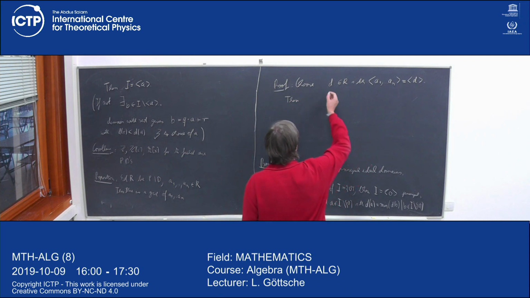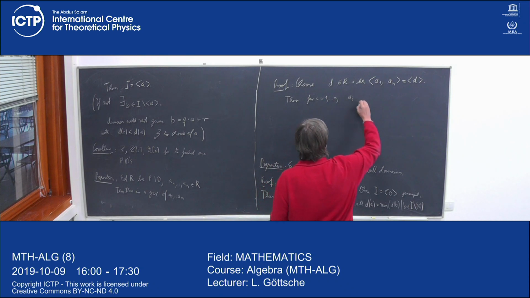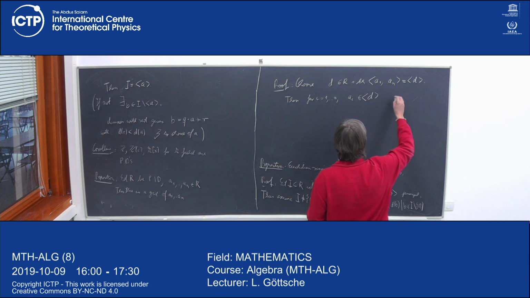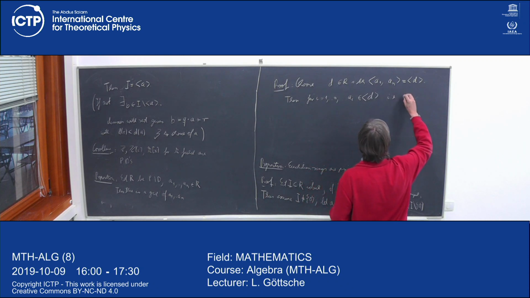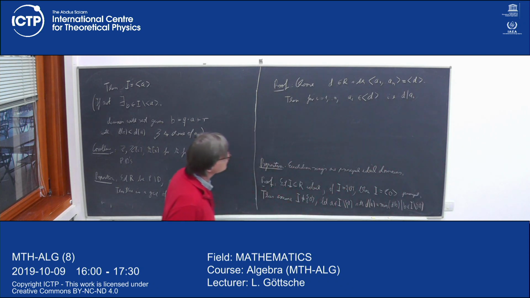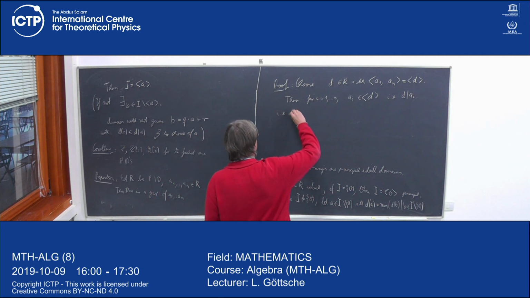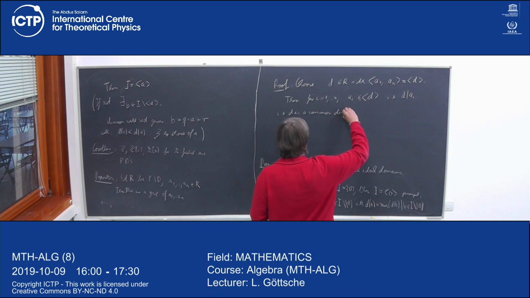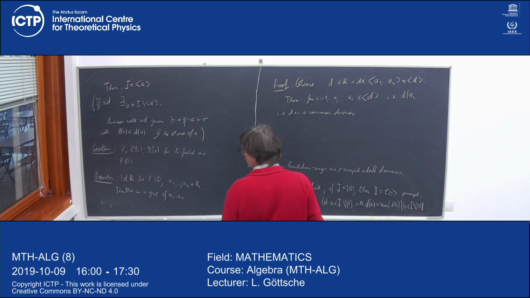Then, by definition, for i from 1 to n, we have that Ai is in the ideal generated by D, which is just the same as saying that D divides Ai. So that means D is a common divisor of these elements.